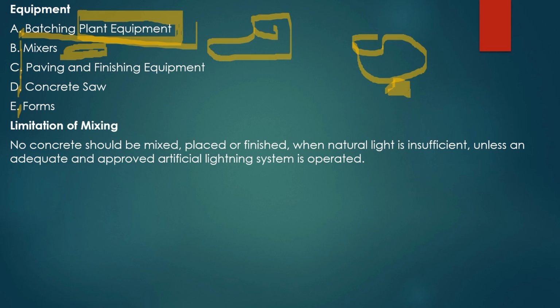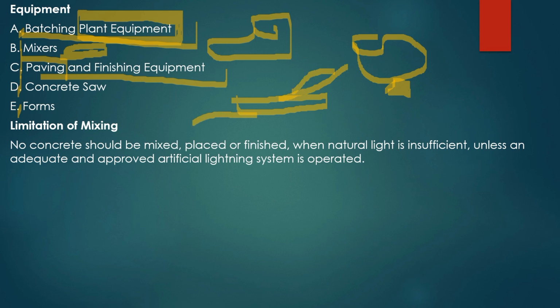Paving and finishing equipment. Paving, masti sa kalsada. Finishing equipment, so kanang sample kalsada na second mo nila gamiton, ila man ay paligid-ligid sa kalsada para mo plane ang kalsada, mo level lang iya above layer.